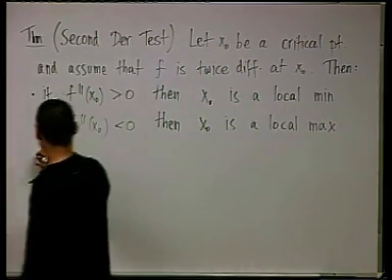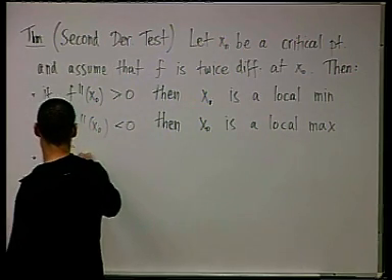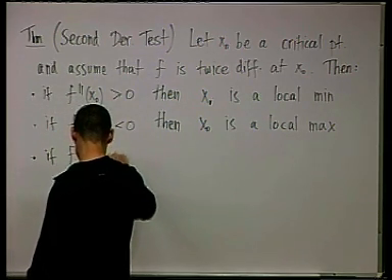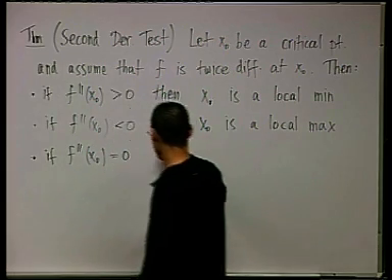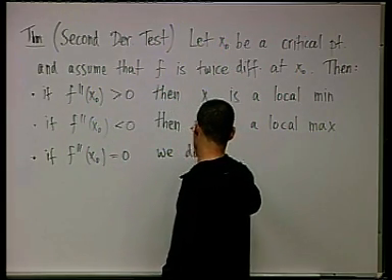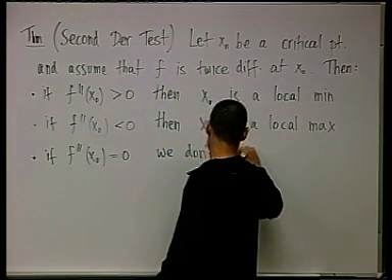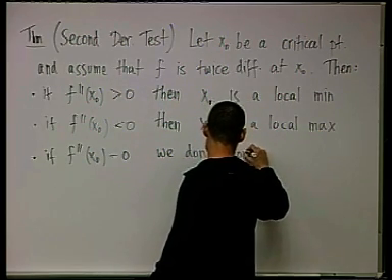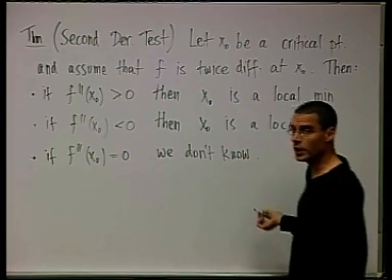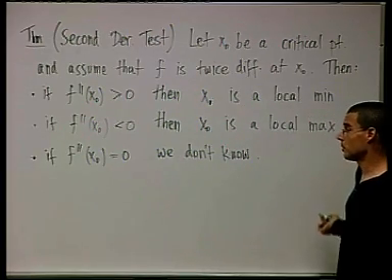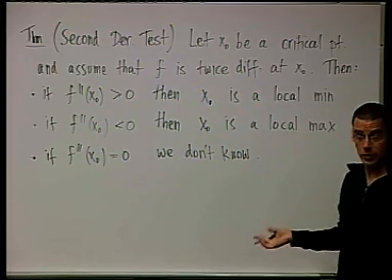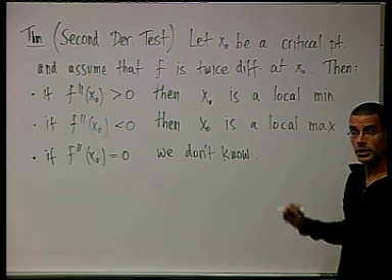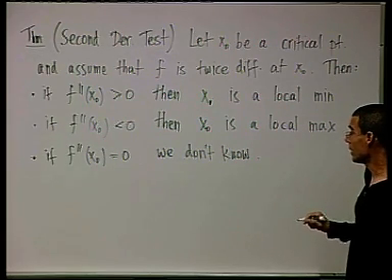And if f prime prime at x0 is 0, we don't know. We don't know in the sense that the second derivative test fails. It doesn't tell you whether it's a minimum or a maximum or an extremum at all. All three cases could happen.